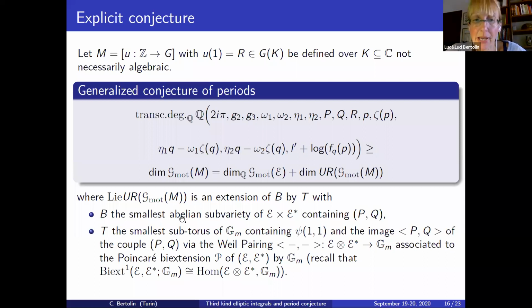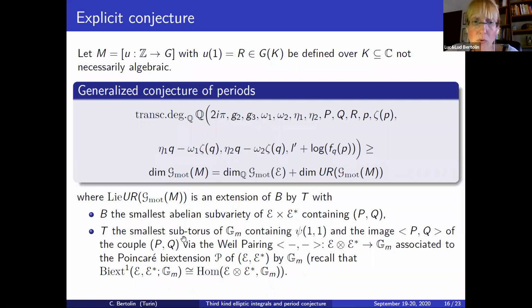Obviously, in our case, the dimension of B can be 0 if P, Q are torsion points, or can be 1 if P, Q are endomorphisms of E linearly dependent, or it can be at maximum 2 if P, Q are linearly independent.